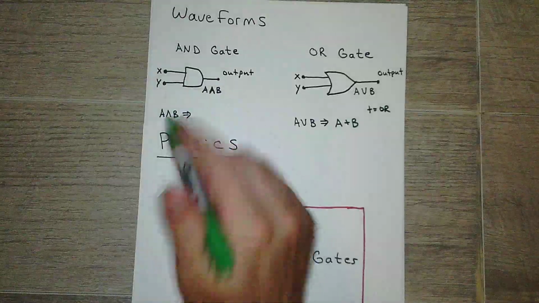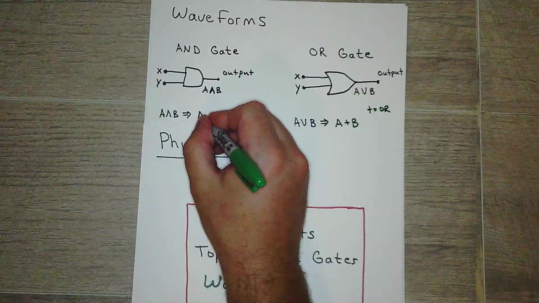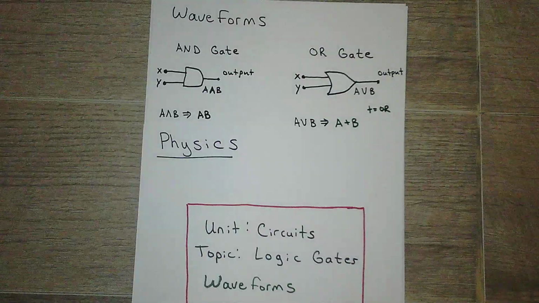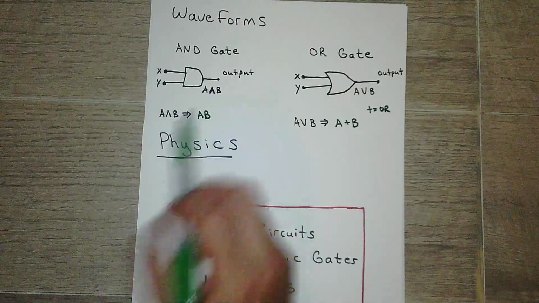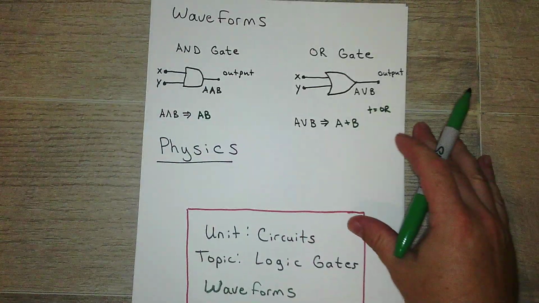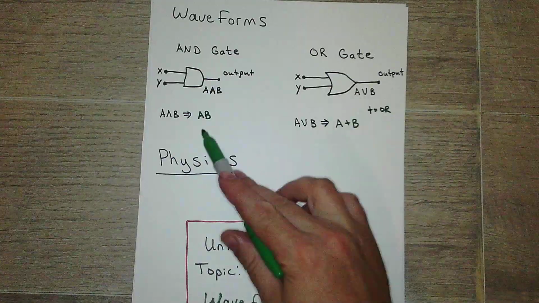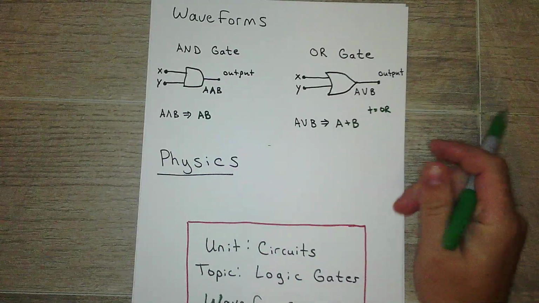And for the AND gate, we write it as you would multiplication. So just like that, you write them together. That means A and B, because they're together. Okay? So if you see them written like this, moving forward, that's all they mean.